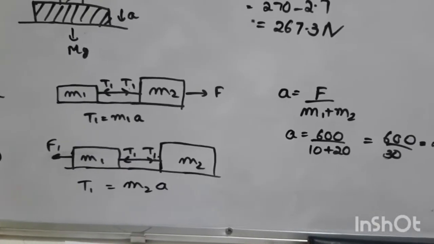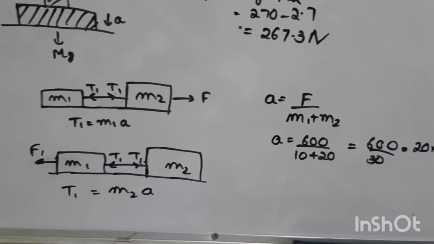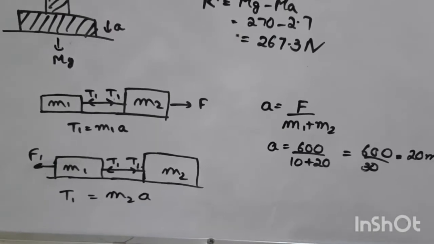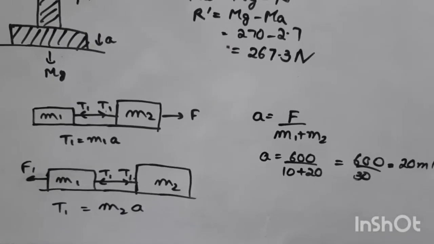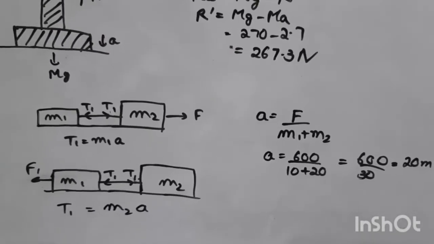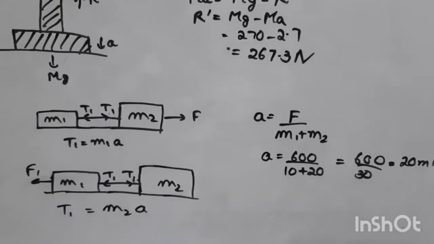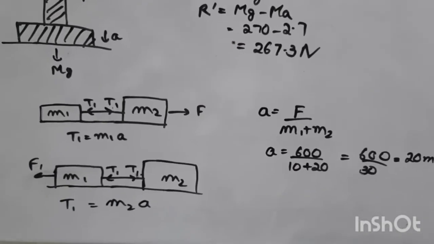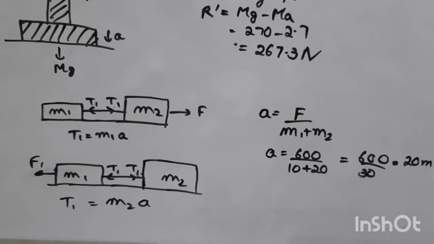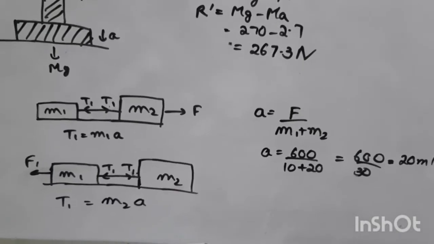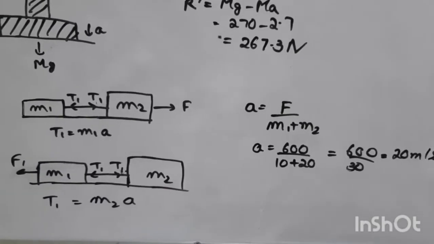So we have T1 is equal to m1a, where a is the acceleration produced in the system, and in the second case when force is applied to block A, that is of mass m1, the only force on m2 is the tension, that is T1 is equal to m2a.